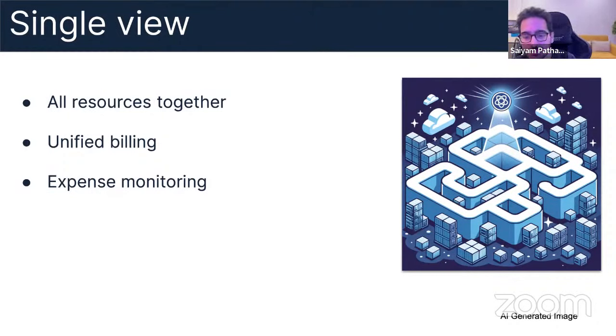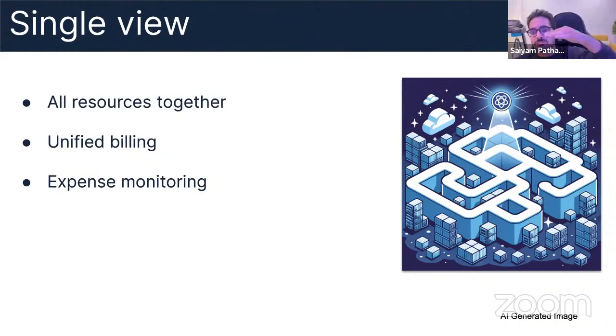Then unified billing. This is also very important. You need to understand the bills, and each cloud having separate resources and a separate billing structure, with separate billing information for specific resources, can lead to many discrepancies in when you want an alert to happen.